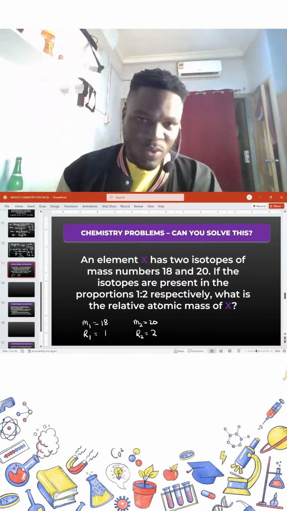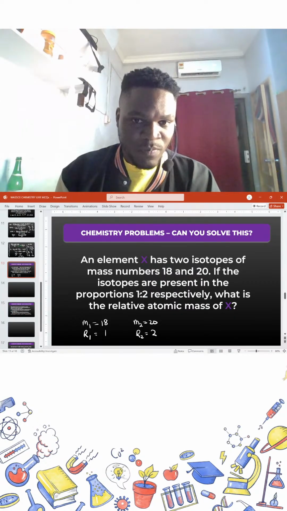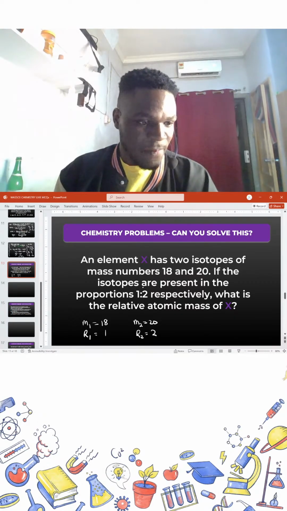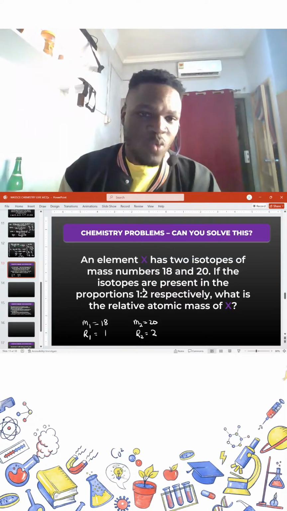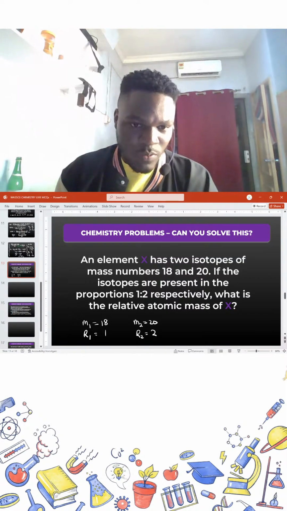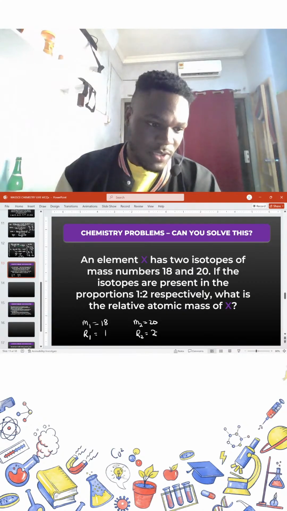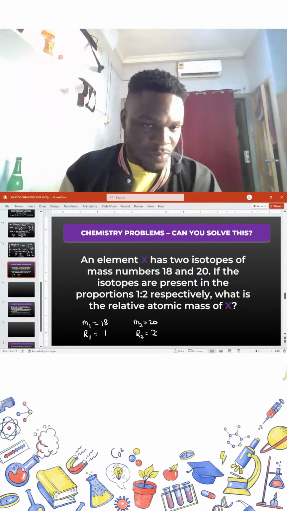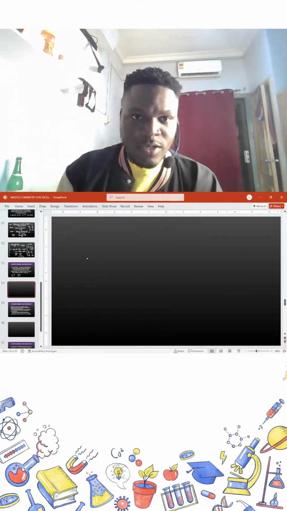Now we have to calculate the relative atomic mass of X. Now what you can do is find the total ratio, which is 1 plus 2, which is 3, and then calculate it percentage-wise to get a percentage of R1 and R2 and use it in the calculation. Or you can just go ahead and solve the problem like this. So let's proceed.